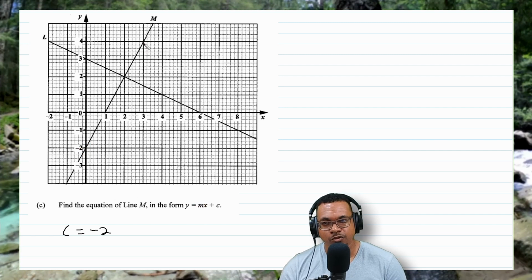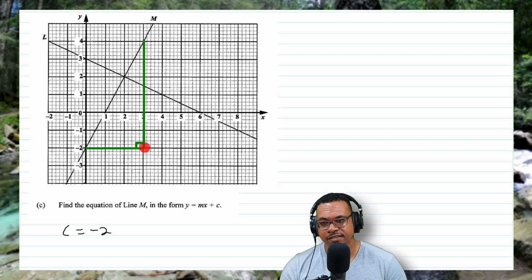So we'll make a right angle triangle whose hypotenuse will be more than half the line. I'll take the point right here, which is (3, 4), and this point right here, which is (0, -2). So this is my right angle triangle. This would be my change in y, and this would be my change in x. This line is sloping upwards, so it's a positive gradient.